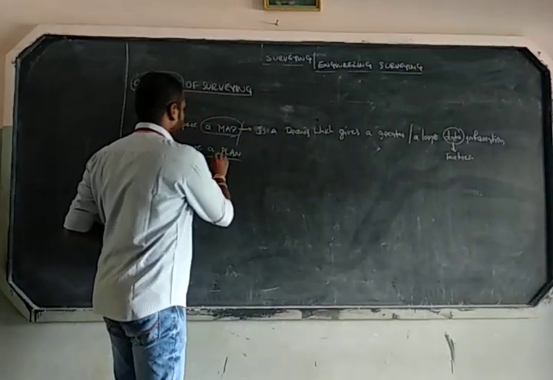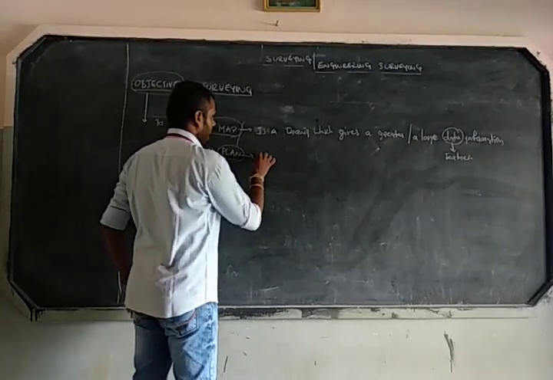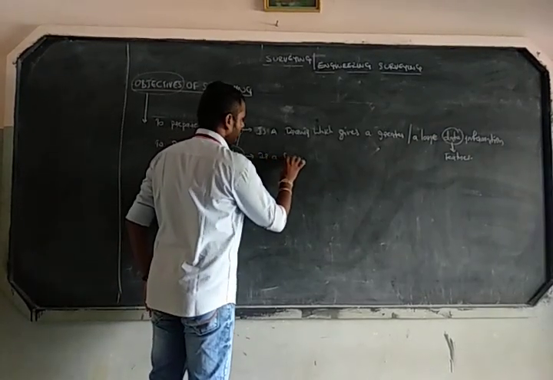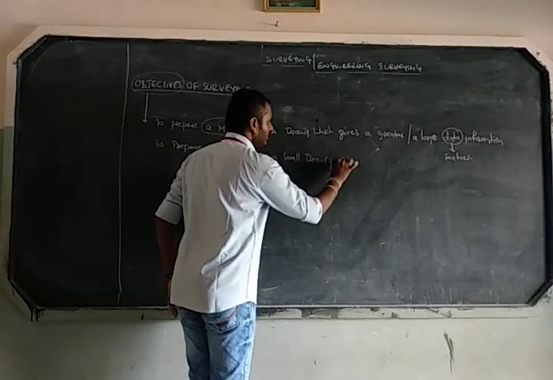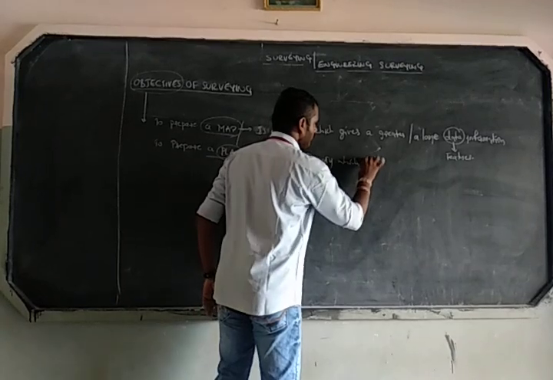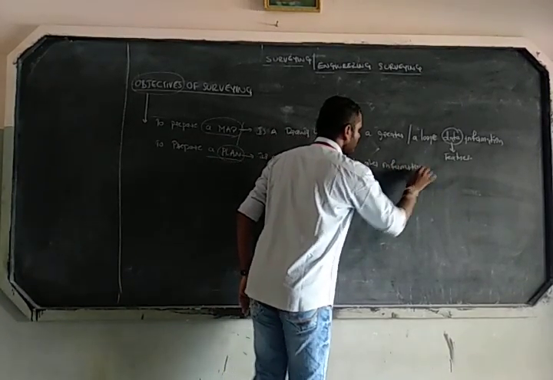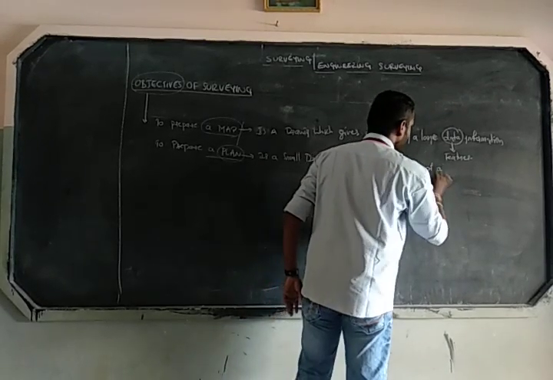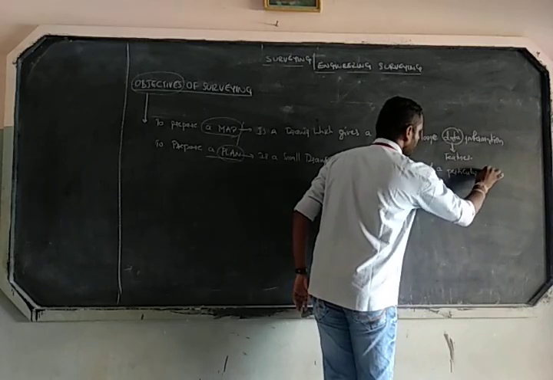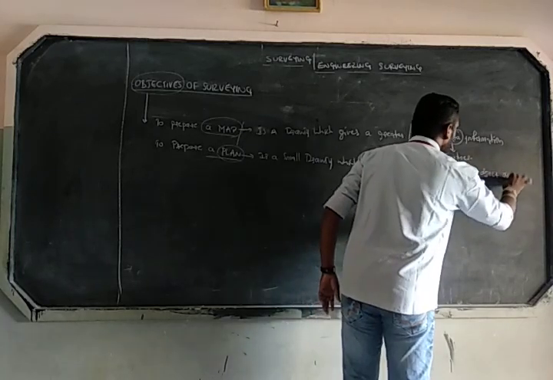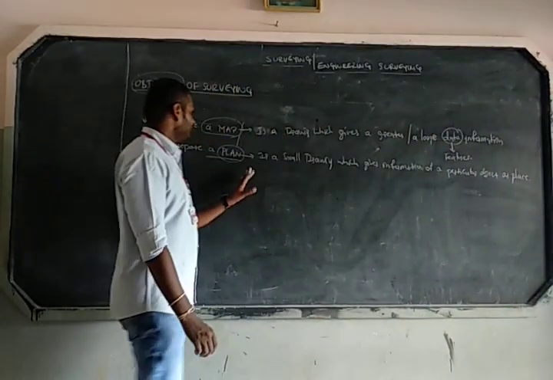When we come to the plan, a plan is a small drawing which gives information of a particular object or place. This is very important.